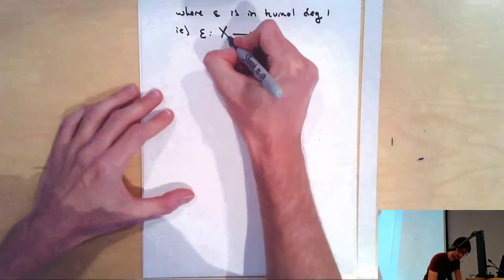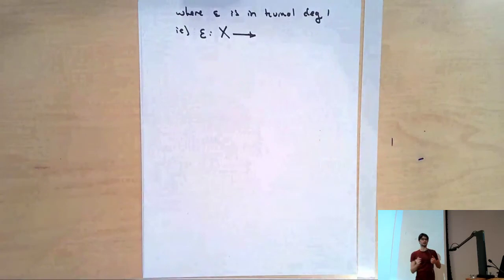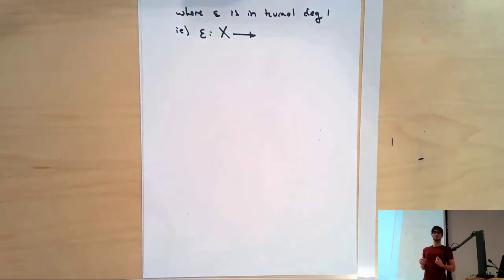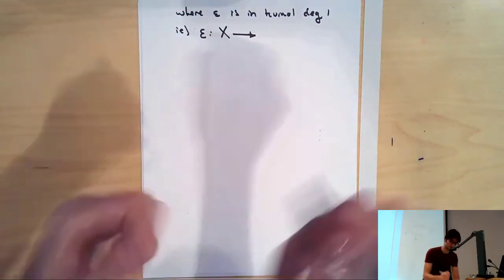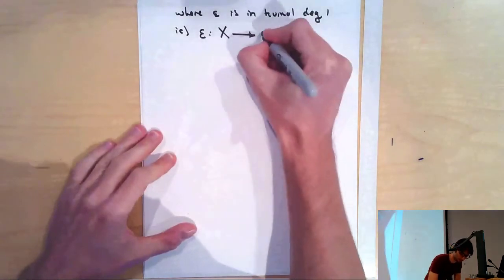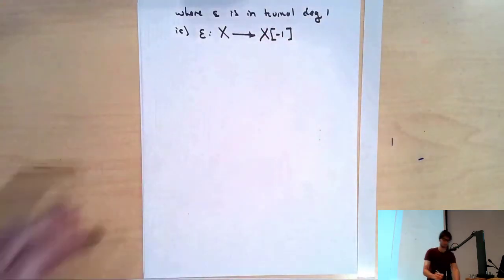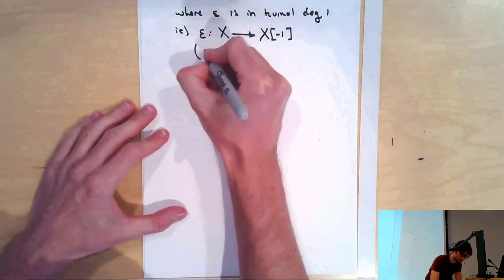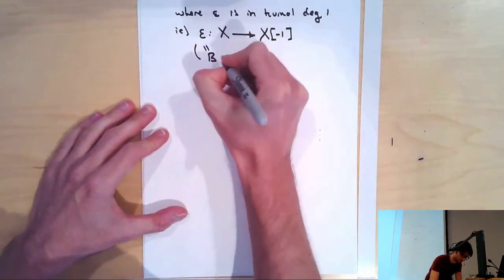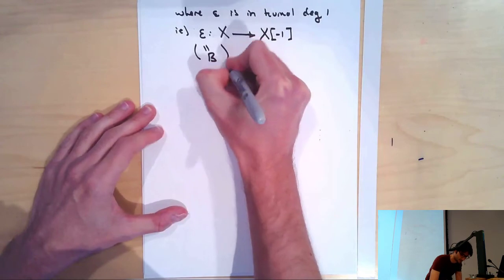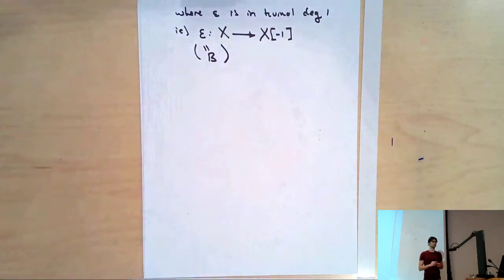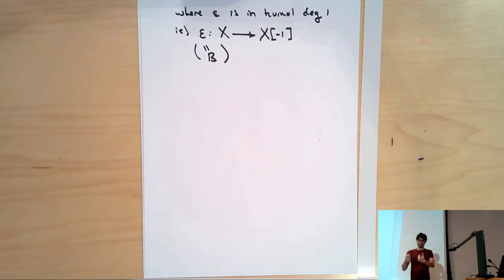And then this is an X. So becoming a module over K epsilon mod epsilon squared, I just need to specify what epsilon's doing, and it's giving me some map from the complex to its shift. And that's nothing other than Connes' operator B that we saw previously in the case of Hochschild homology.